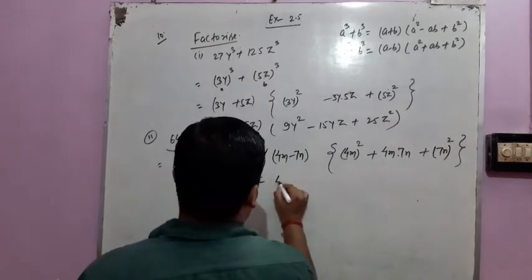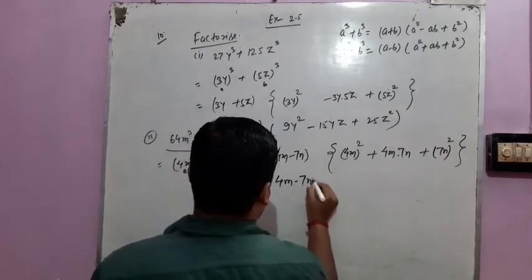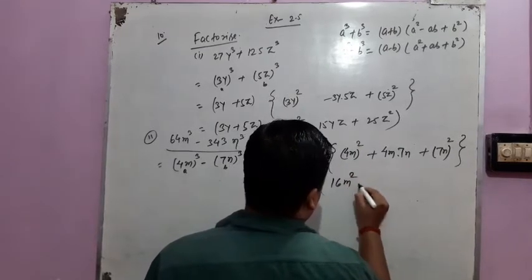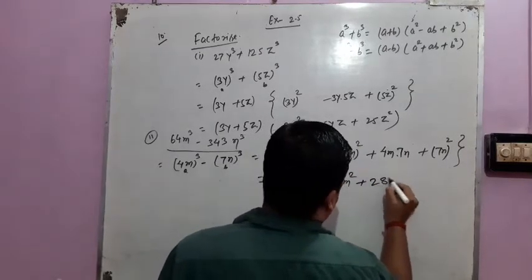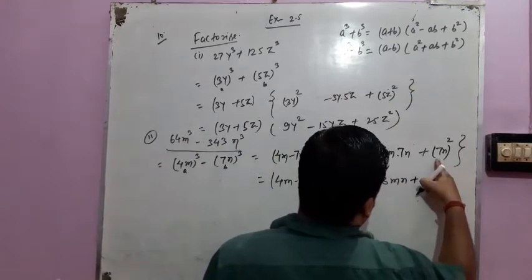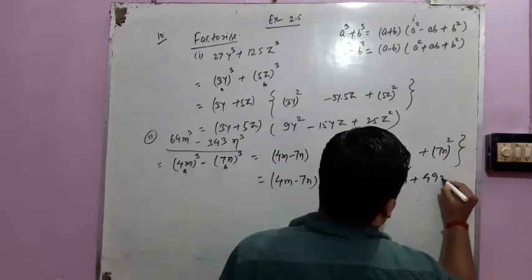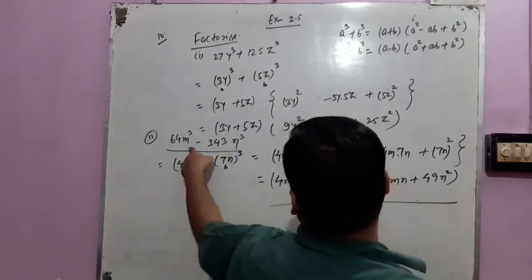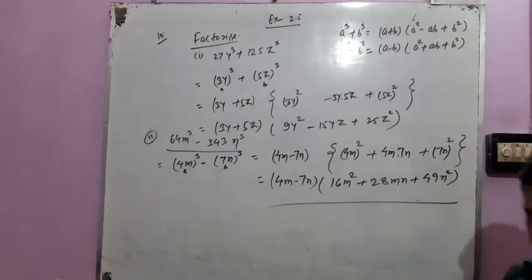Now we are solving it. 4m minus 7n. What is the square of 4m? 16m square. 7 4s are 28mn, and the square of 7n is 49n square. That is the factorial form of 64m cube minus 343n cube.